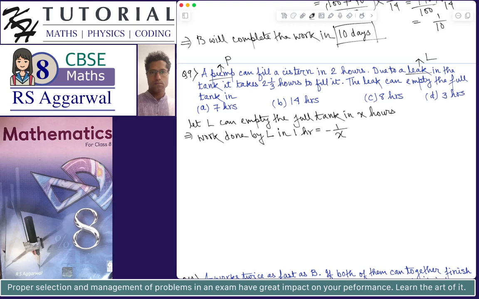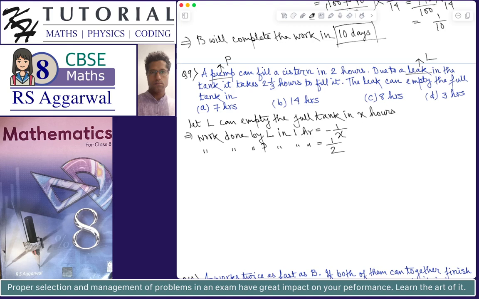Now it is given that the pump can fill a cistern in 2 hours. That is, if the leak was not there in the tank, the pump could fill the cistern in 2 hours. So we can say that work done by P in 1 hour is equal to 1 by 2.